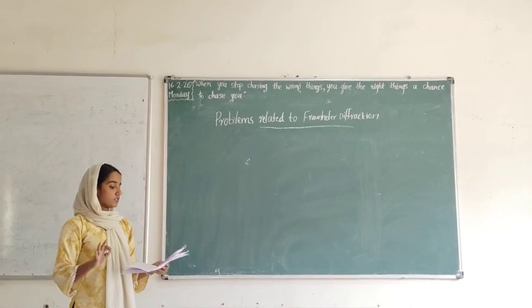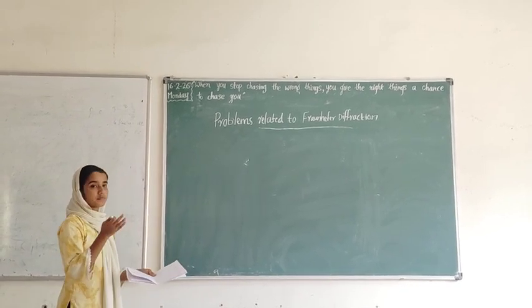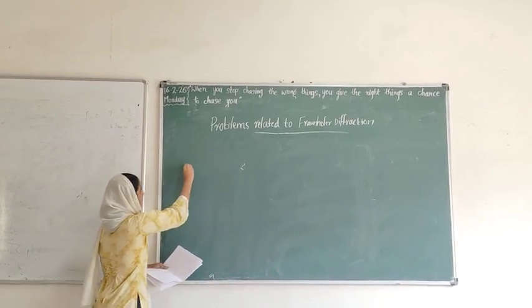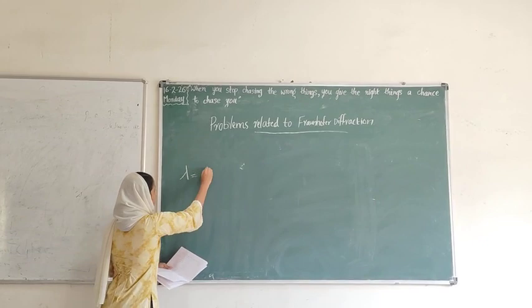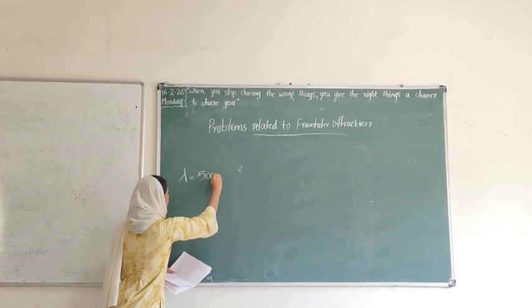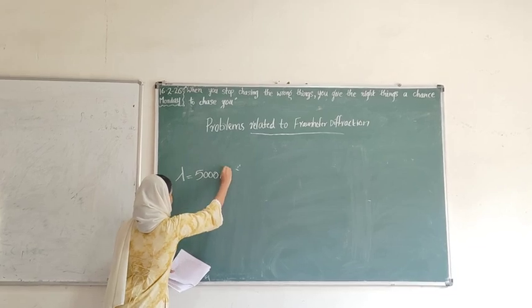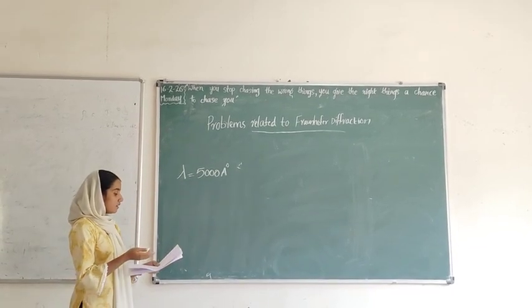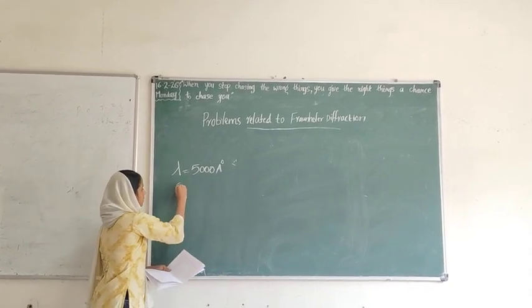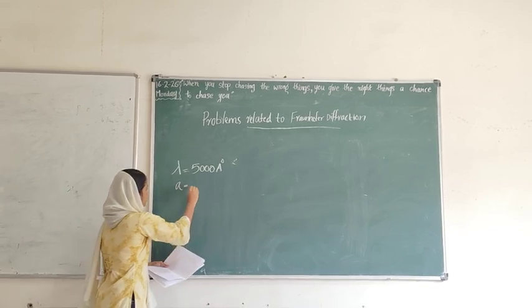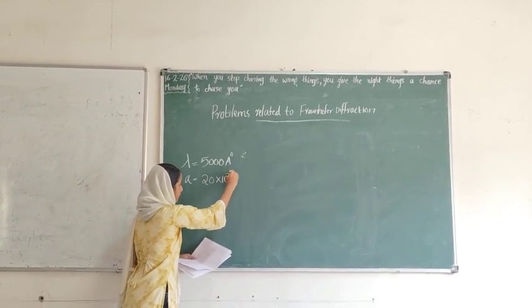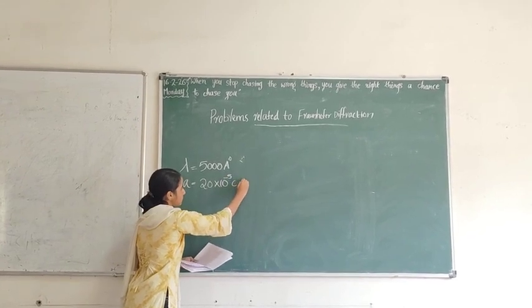Okay, in this question, first write the given data. Here, wavelength lambda is equal to 5000 angstrom. Okay, then the slit width A is equal to 20 into 10 raised to minus 5 centimeter.